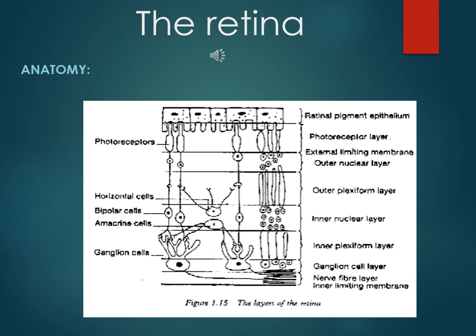The photoreceptor also has a stack, and then the inner segment. The photoreceptors are of two types, rod and cone. We have about 130 million photoreceptors: 120 million are rods and 10 million are cones.